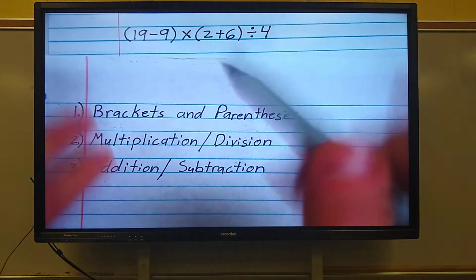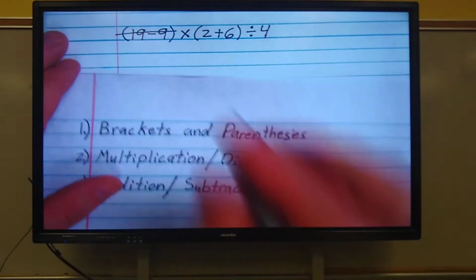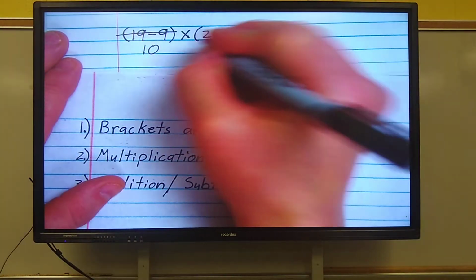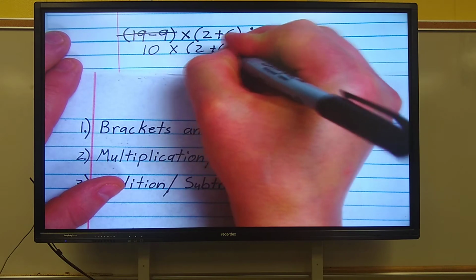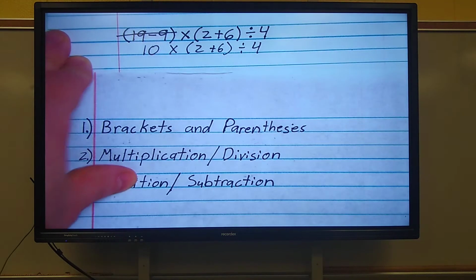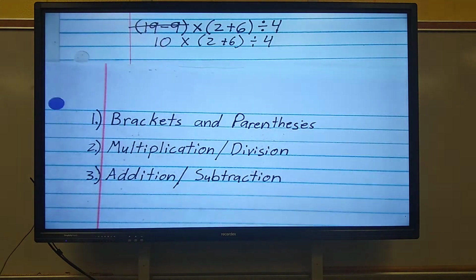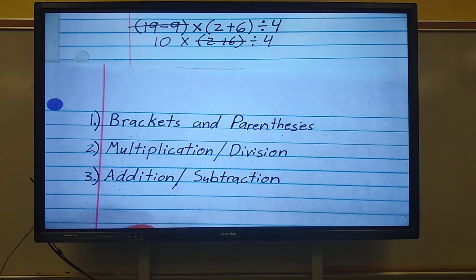So I've got to solve 19 minus 9 first. That equals 10. Write down the multiplication, parentheses. I want to do one step at a time, so I'm careful. So I still have parentheses, so I got to solve that next. 2 plus 6 is 8.